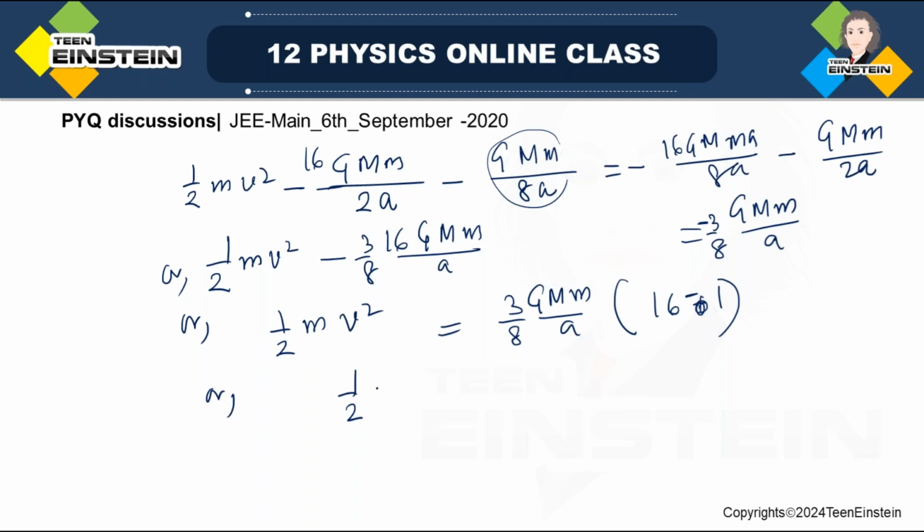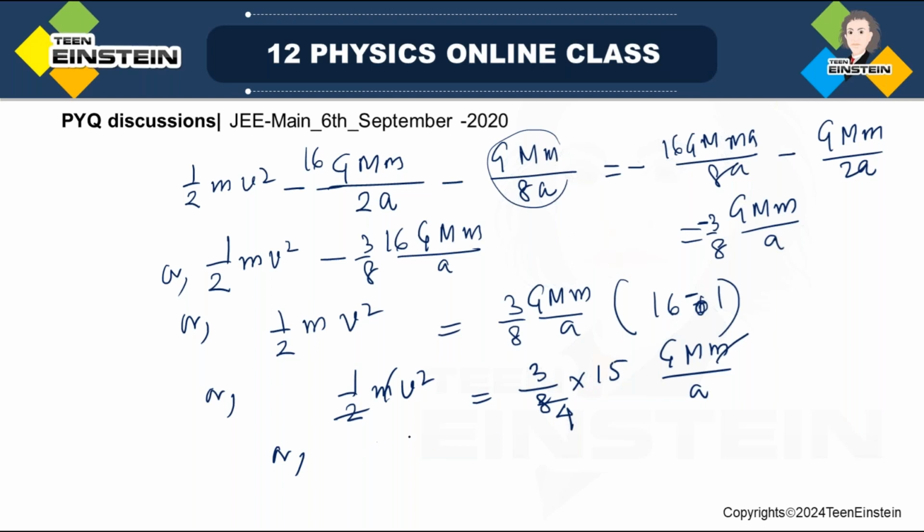All right, so half mv square, this calculation you can do better, I think. So these two I can strike out with this 4, and this m I can strike out. Look what I have got: there will be another 3 over here.